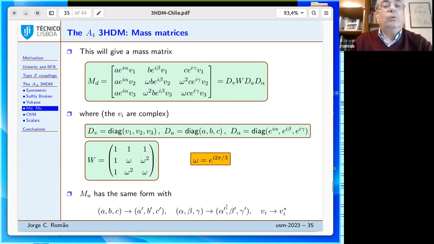Now, once you put the vacuum expectation values of the field, you can write the down quark matrix in this form. And this can be written as a product of simpler matrices.